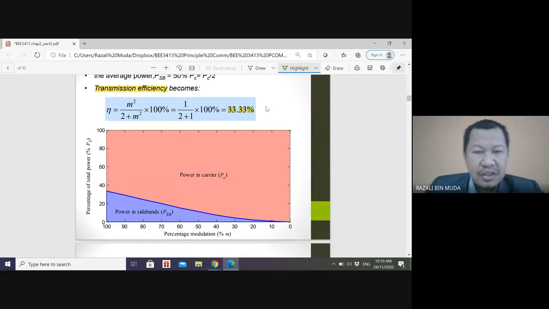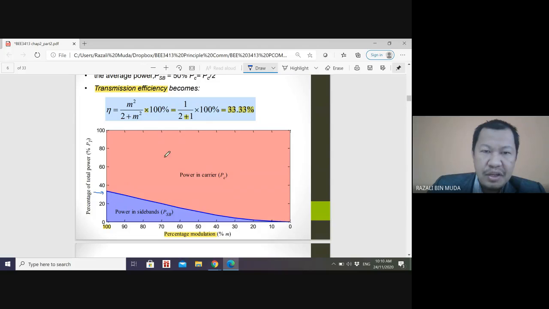What we are interested in is at percentage modulation m equal to 100%, the power in the sideband is around 33%. So this is 33% here, and the rest of the power is in the carrier.